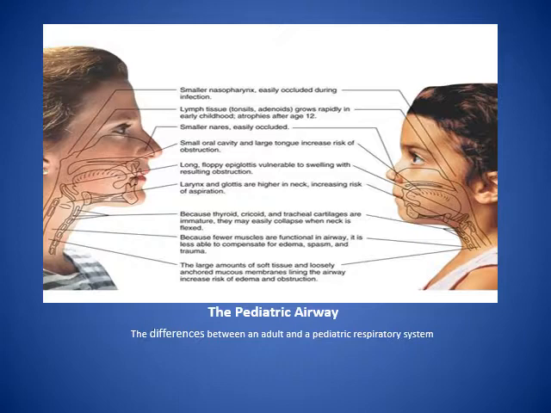It can also mean that when they are in respiratory distress, it doesn't take as much as it would an adult to cause problems. They have smaller nares, they have a larger tongue, and they also have more amounts of soft tissue in their airways.